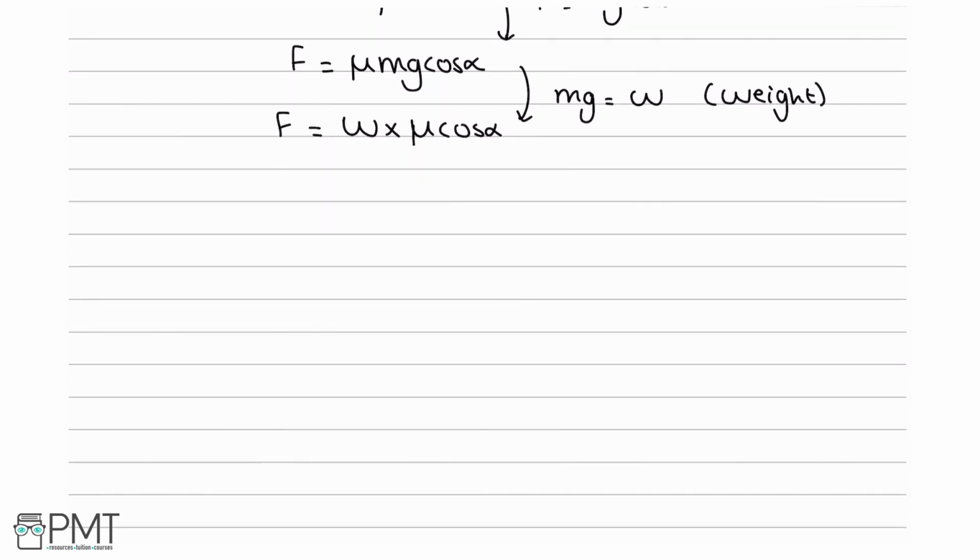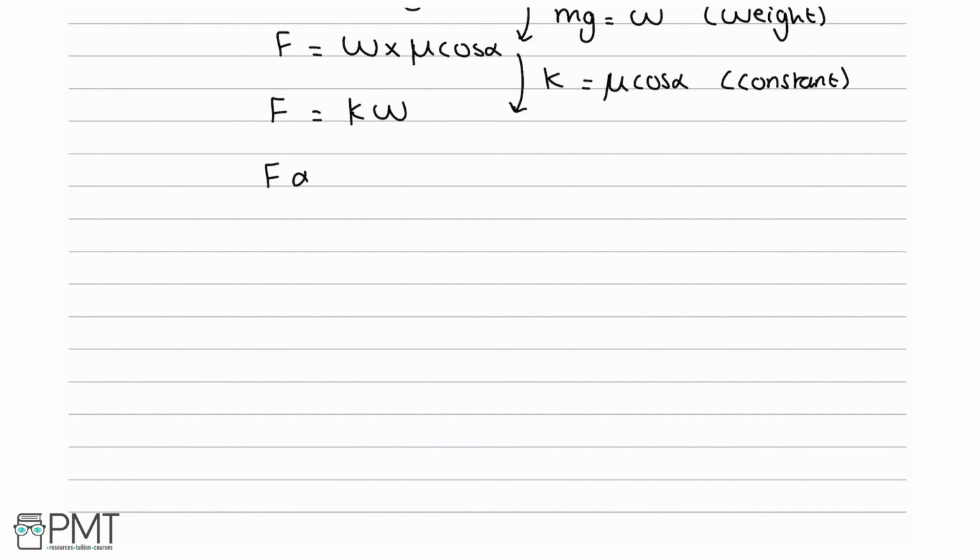Mu cosine alpha is a constant, so what we will say is that F equals k times our weight, where k is a constant, so we'll say that k equals mu cosine alpha, and we write in brackets constant. And then from here, we can say that F is therefore proportional to our weight. I'm going to link this to our proportional symbol here, just so you don't get confused between that and alpha.